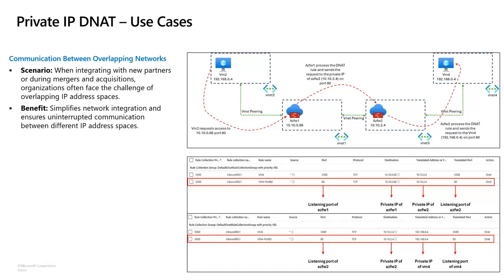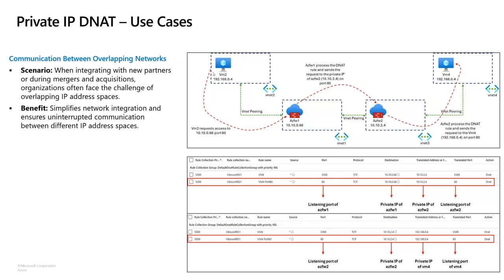In this scenario, we have overlapped IP networks. You can see we have two virtual machines, VM2 and VM4, which have the same IP address, and we also have four virtual networks: VNet 1, 2, 3, and 4.